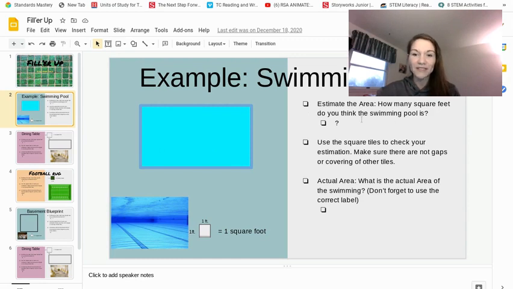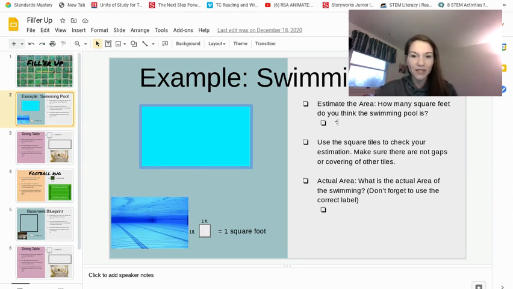So first you're going to estimate how many square feet you think this swimming pool is. Remember that the little squares that fill up the space are called your square units. In this case, we are going to call those square feet. That means it's a foot by a foot. So think about how many of these you think are going to fit into this space.